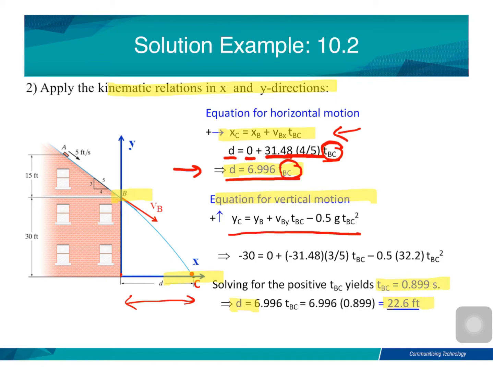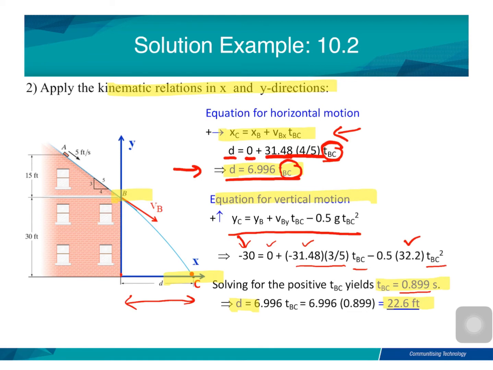So now you substitute everything here. YC becomes negative 30, YB is 0, and then you resolve VB, and then you substitute g, so we can solve TBC. So TBC is equal to 0.899.